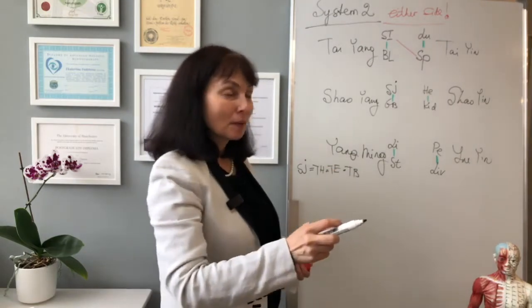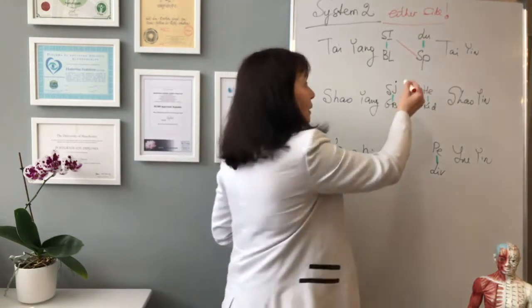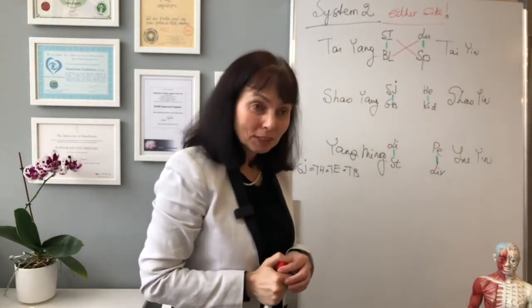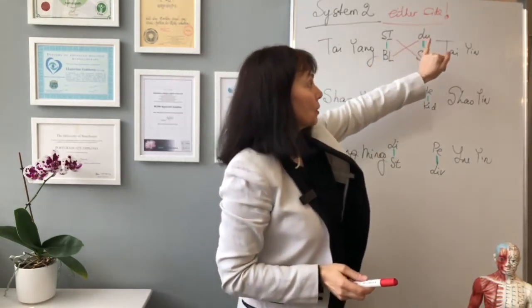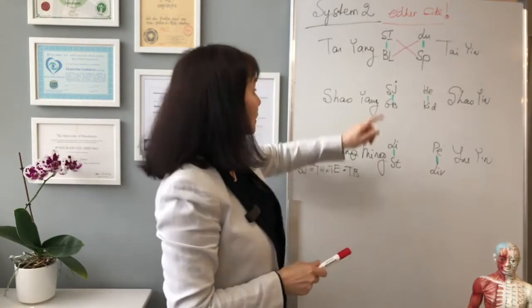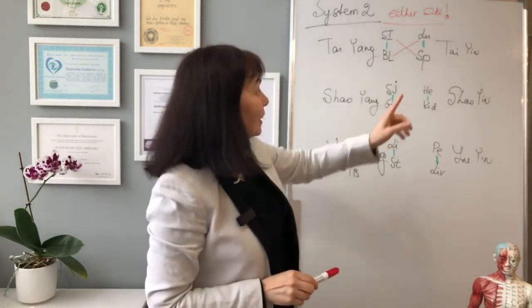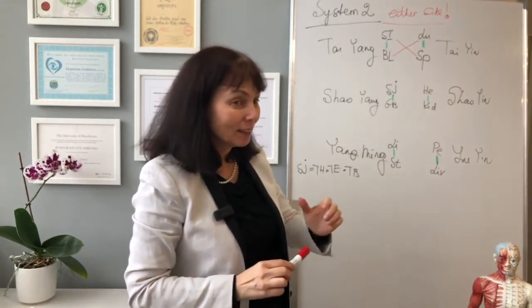And now the correspondence that I use all the time in my clinic is that the lung meridian will treat bladder meridian and bladder will treat lung. Foot Taiyang will treat Hand Taiying and Hand Taiying will treat Foot Taiyang.